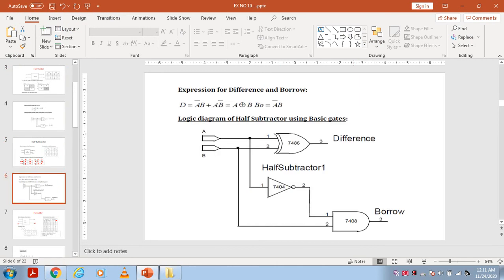The logic diagram for this one is the XOR 7486, and similarly for the 7408, one more gate will be added here, NOT gate 7404. So the same circuit diagram, only the input A is connected to the NOT gate and the NOT gate output is connected to the AND gate.